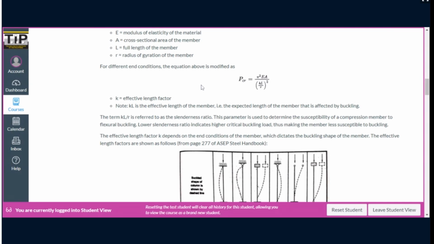So it's either you shorten the length, however, it is not always done. Bakit? Because of architectural requirements. Since we follow the architectural dimensions, you cannot just lower the length or shorten the column.